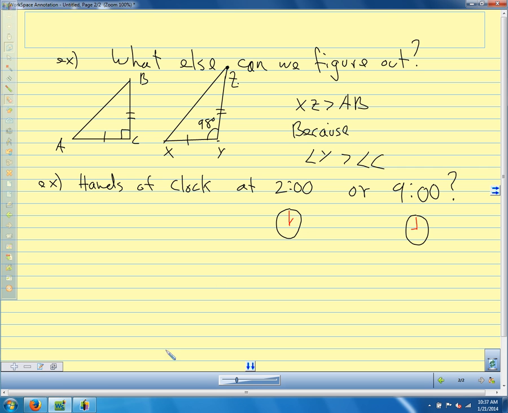So the distance between the tips of the hands, this distance, is larger at 9 o'clock because the angle between the hands is bigger.